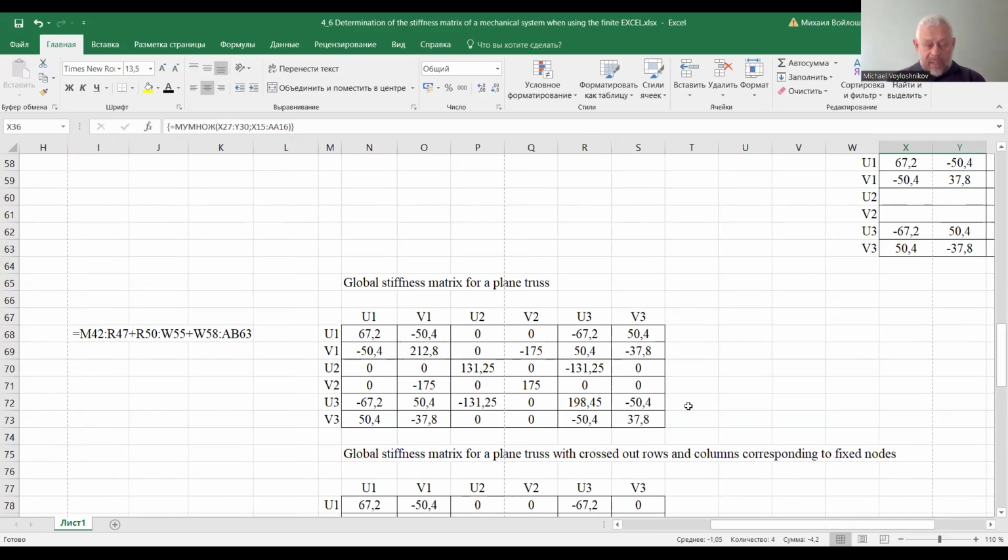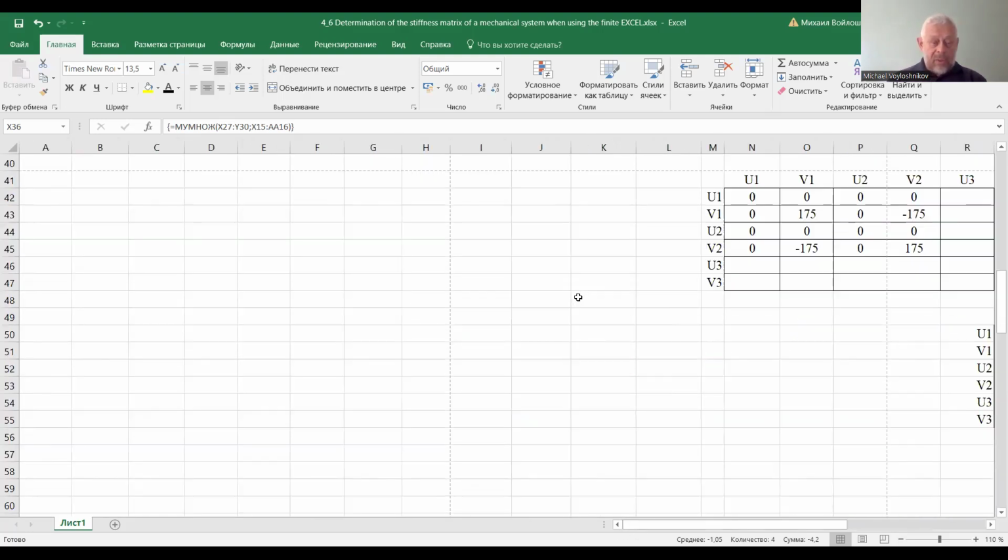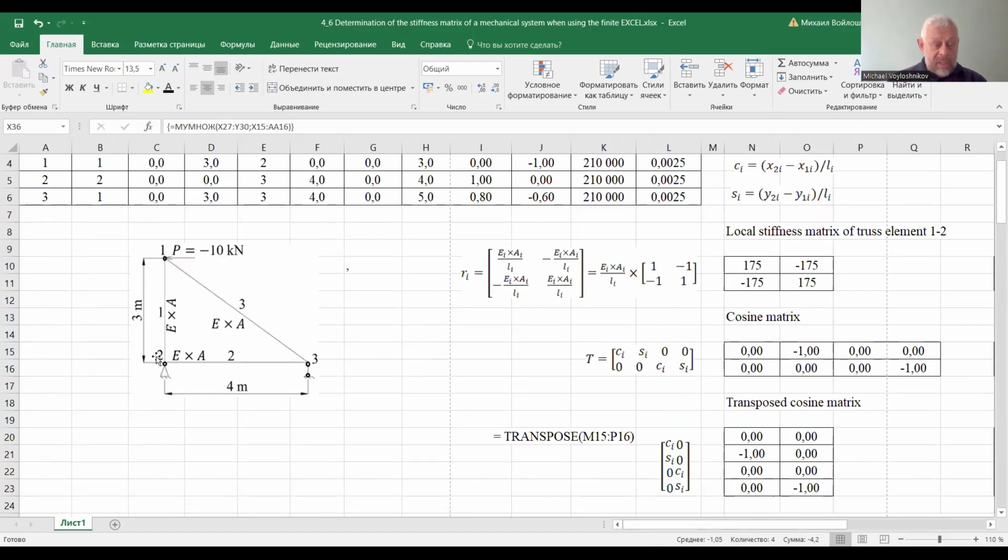supports of the mechanical system, because let me please return a little bit again to the scheme of the mechanical system. This support does not allow the displacement. So how do we account for the impact of the support onto the stiffness matrix?